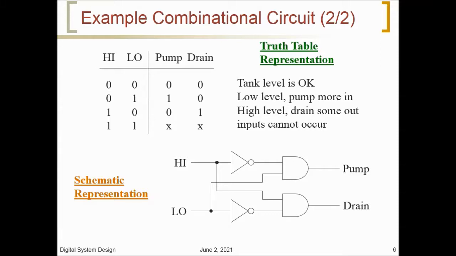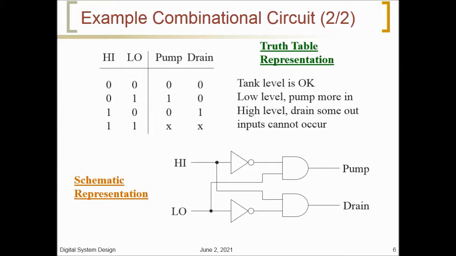It means the tank level is okay. If the high input is 0 and the low input is 1, it means the tank is low and we need to run the pump. So the output pump is equal to 1 and drain is equal to 0. Low level, pump on.